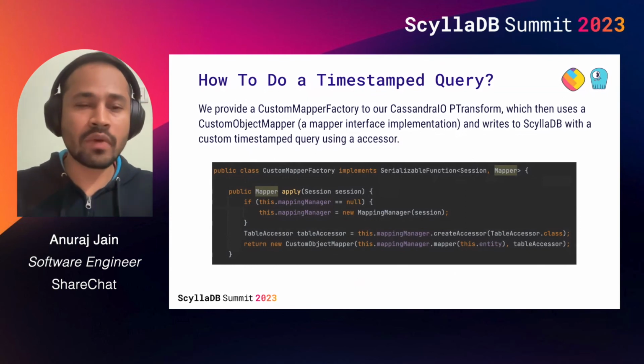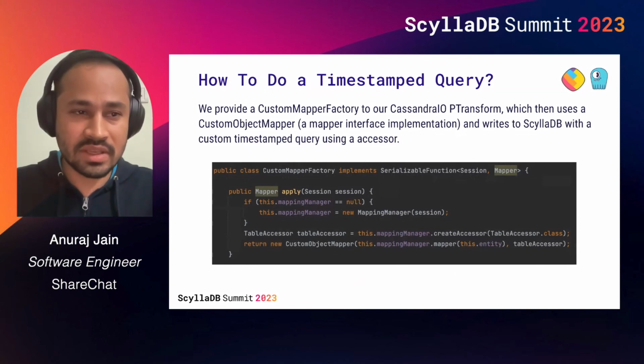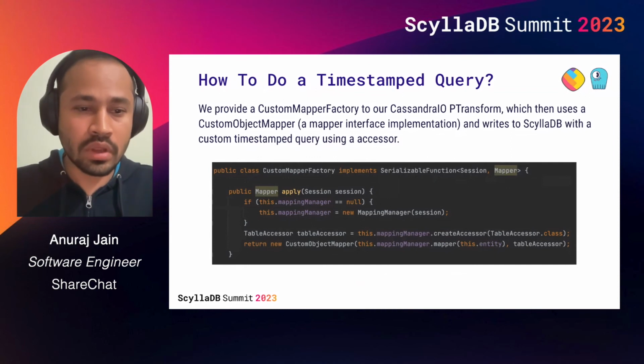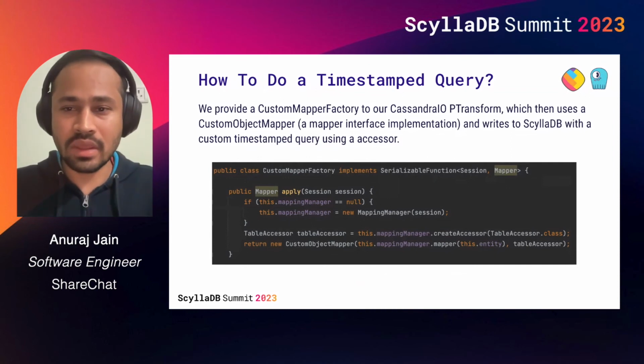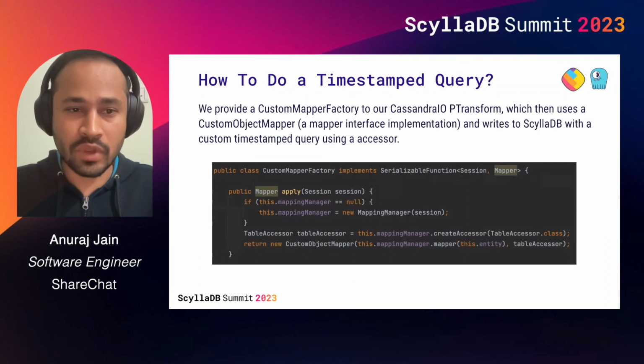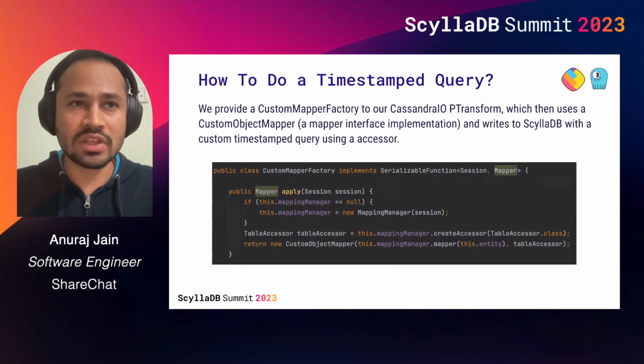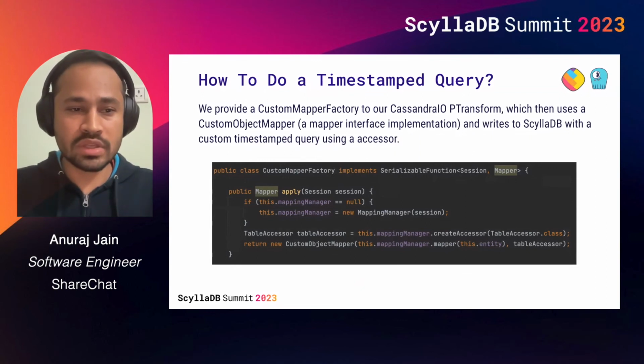We can do this with a customization over the Cassandra IO. The Cassandra IO connector can accept a custom mapper factory, which lets us provide a custom query, and in that query we can provide the timestamp we want to write the data with.